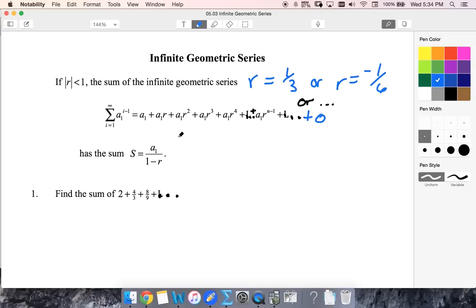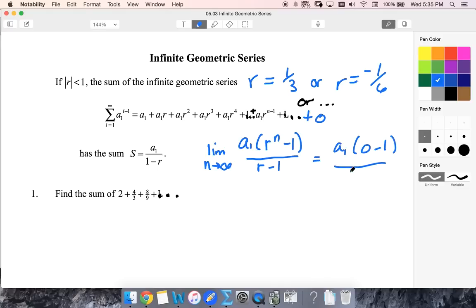So let's think about why it's that formula. If we take the limit as n goes to infinity, so limits coming back, of our sum formula, we have a1 times r to the n minus 1 over r minus 1. Well, as n goes to infinity, r to the n turns into 0. So this would turn into a1 times 0 minus 1 over r minus 1.